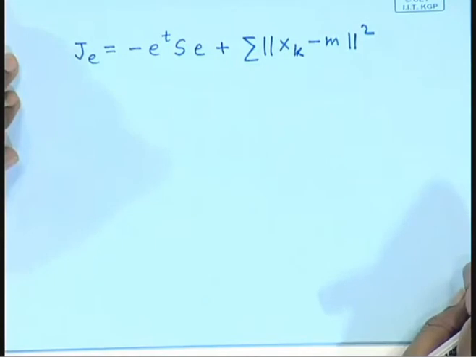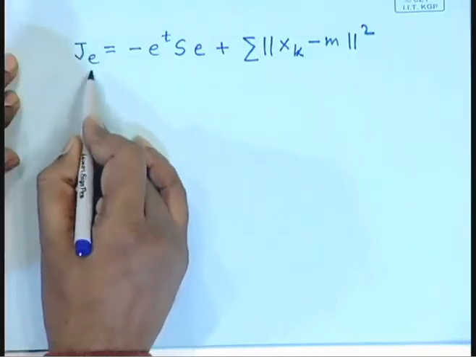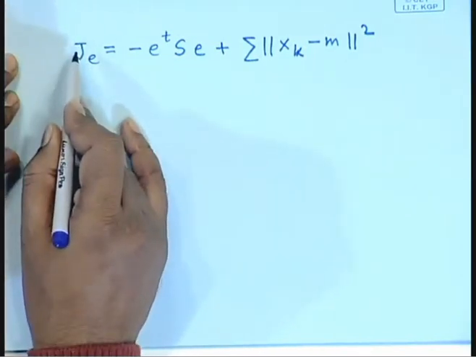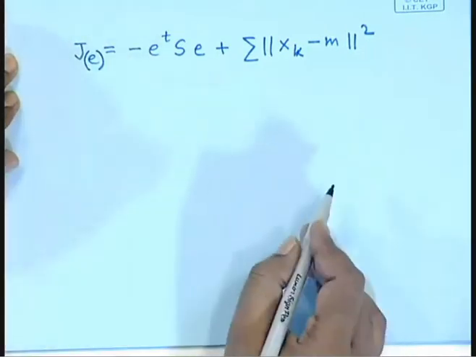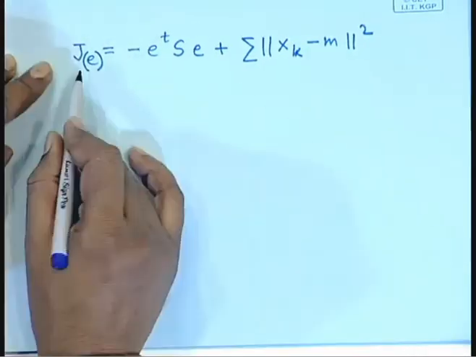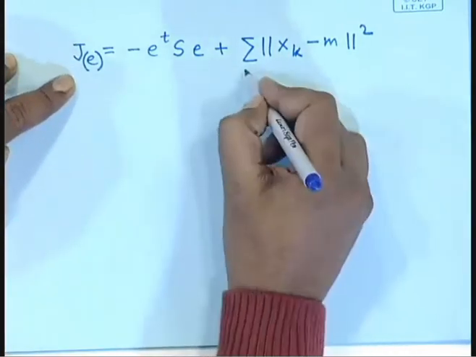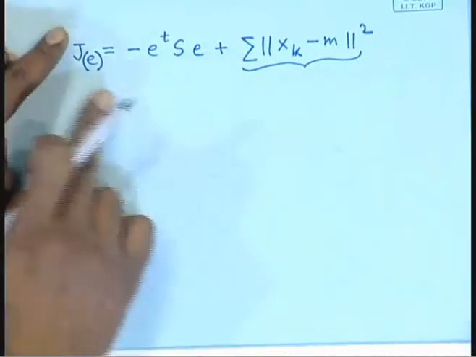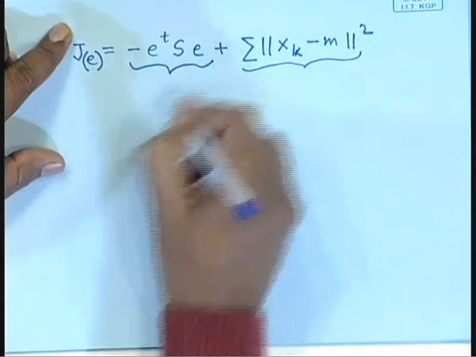Now, I want to minimize this J E as a function of E, by varying E, and you find that this term is independent of E. So, if I want to minimize J E, what I have to do is maximize this.